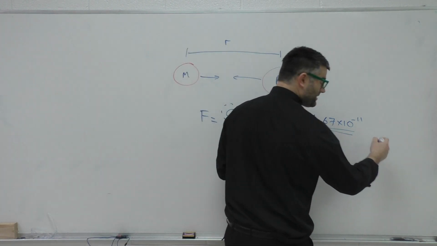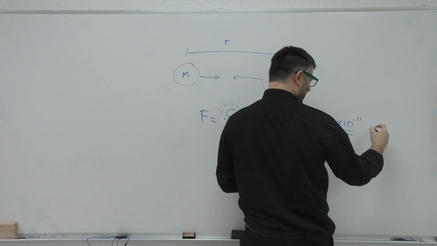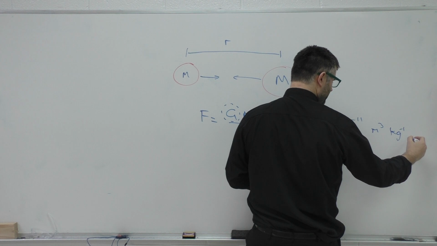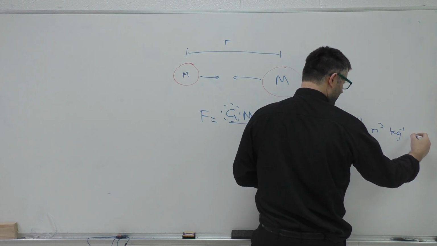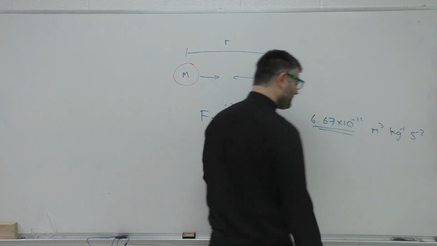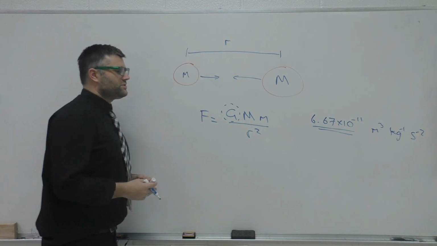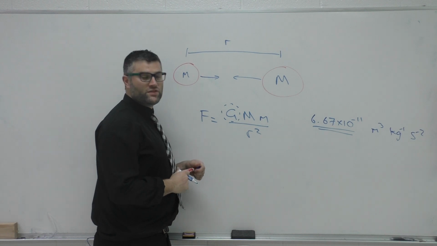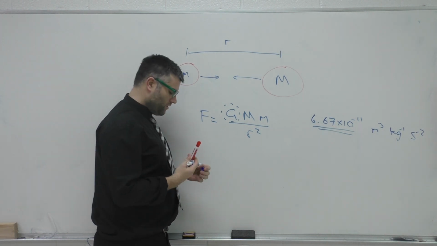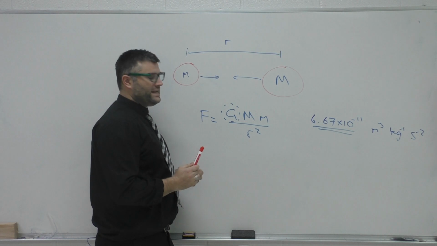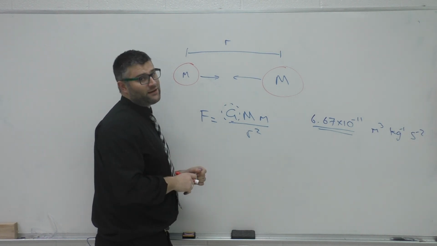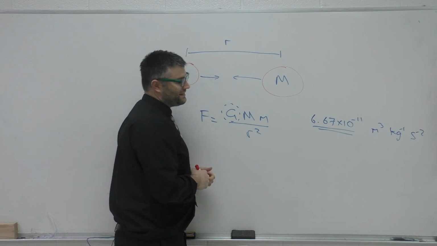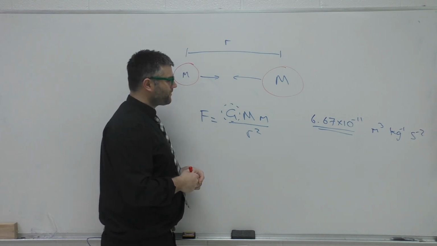That unit is, if I remember off the top of my head, meters cubed, kilograms to the minus 1, seconds to the minus 2. So that's the units for that. It's not hugely important that you remember the units at this stage, but it is important that this is a number, the capital letter G. Don't get it confused with little g, 9.81, the accepted acceleration due to gravity.